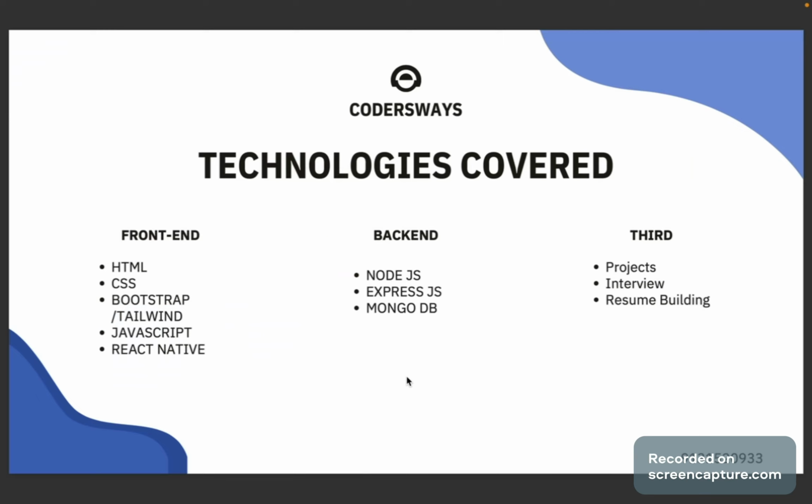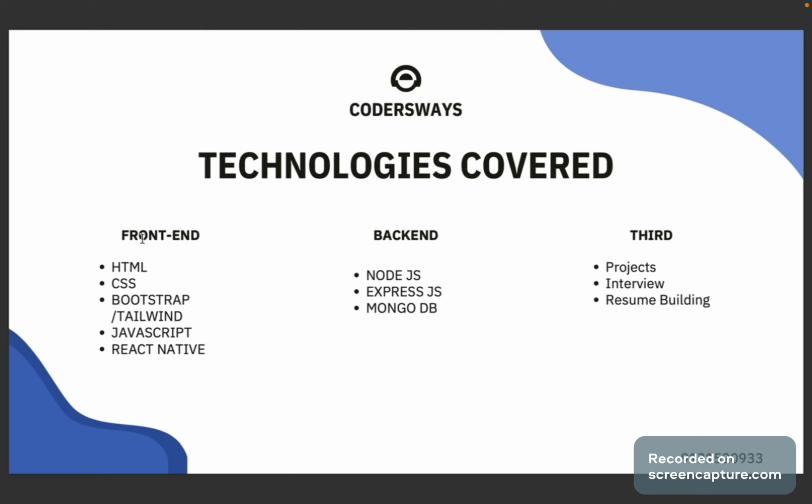What technologies are covered in the mobile app development session? There are two parts: front end and back end. The third is project, interview and resume building, right? What is a front end, what is a back end? We will understand in upcoming slides.